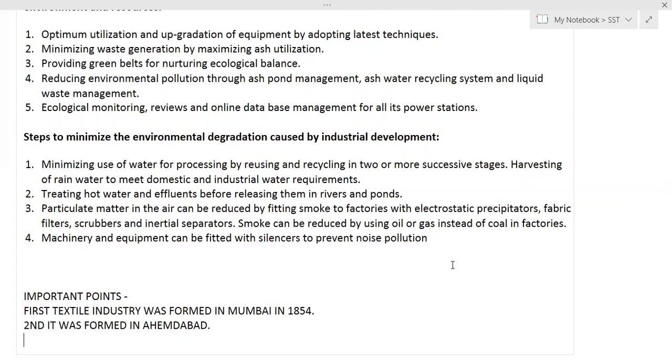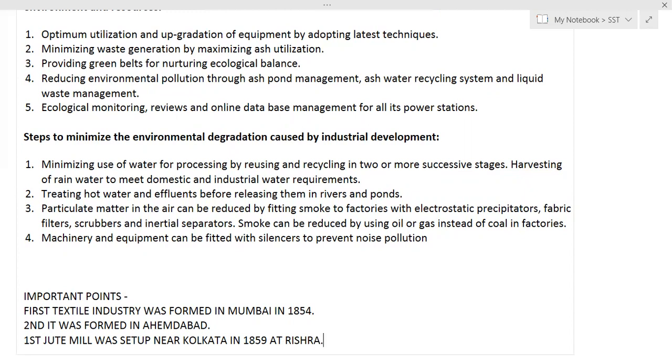The first jute mill was set up near Kolkata in 1859 at Rishra.